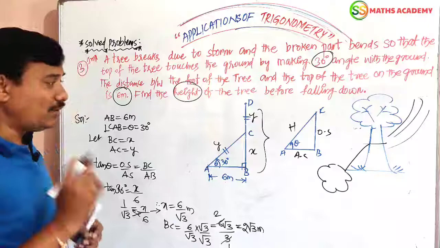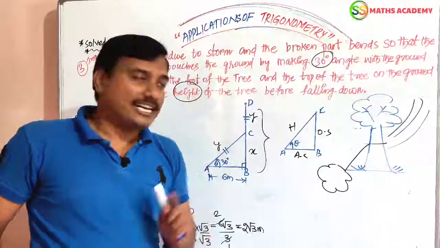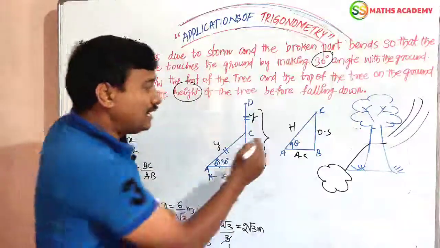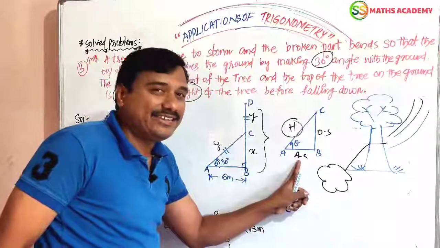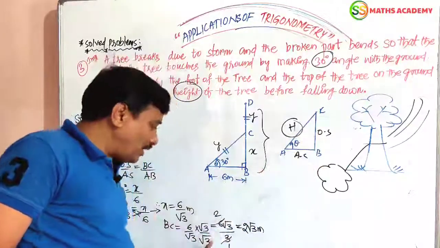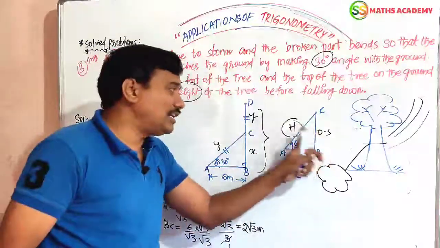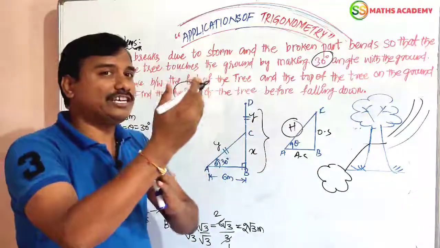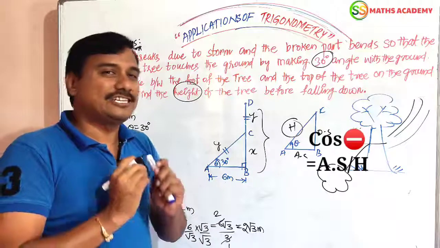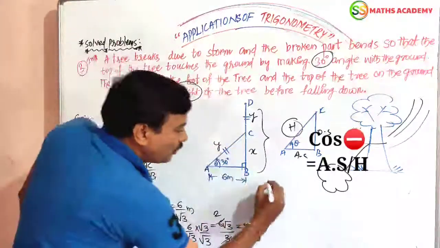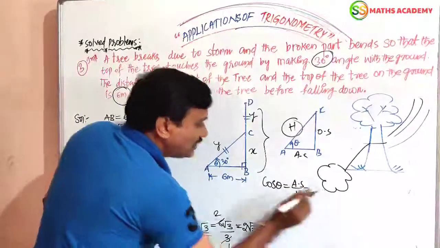Okay friends, now we are going to find AC. With respect to this diagram, I have to find the hypotenuse H. What is given? AB is given. We could take AB by H or BC by H, as you wish. AB by H is the cos theta concept: adjacent side by hypotenuse.